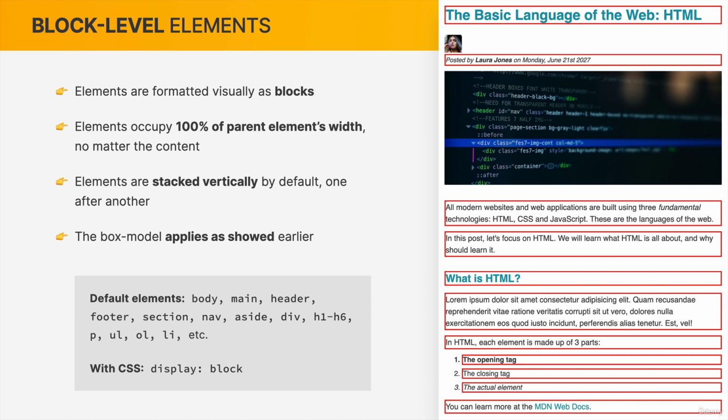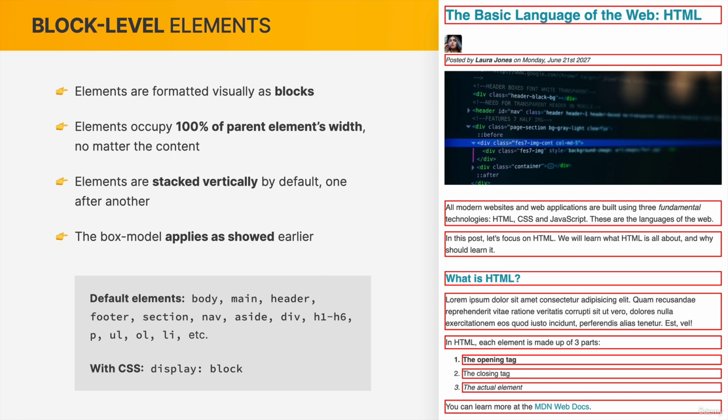So most of the elements really that we used are block level elements. So we can also say that they create block level boxes. All right. Now, one thing that we can do with CSS is to change from inline boxes to block level boxes. And we can do that with the display property set to the value of block. But we will do that in practice in a second.